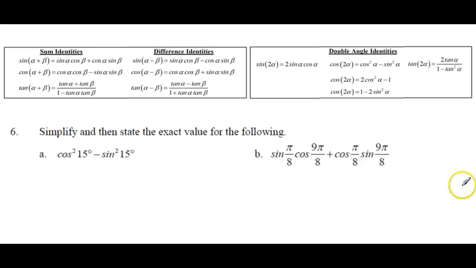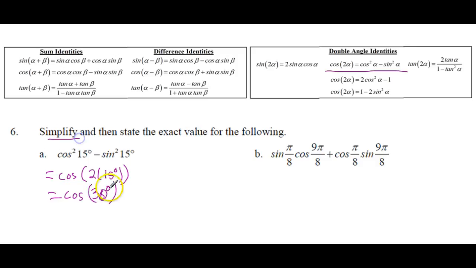Simplify and then state the exact value. So here's the deal, right? You're looking at your formula sheet. You see cos squared angle minus sine squared, same angle. You go up here and you say that's this guy here, which means that this is equal to the cos of 2 times 15 degrees, which is the cos of 30 degrees.